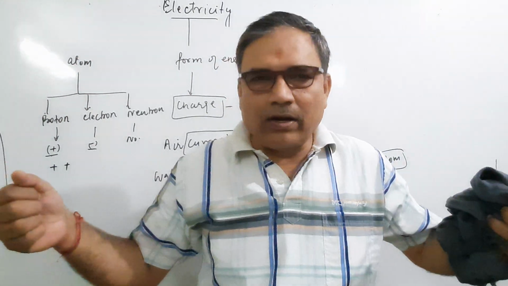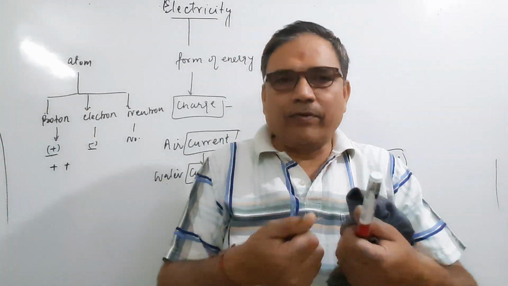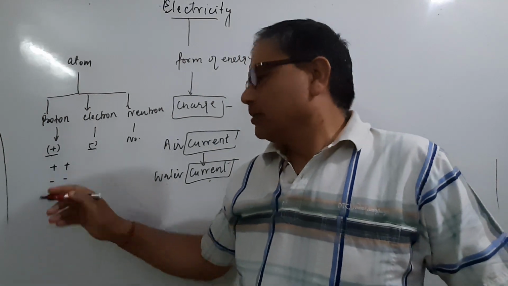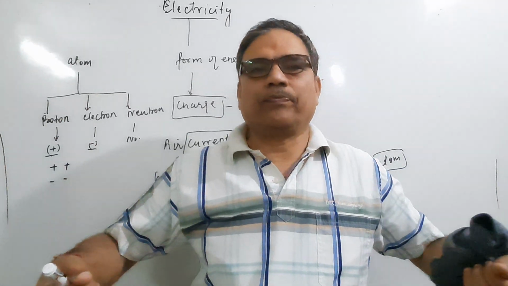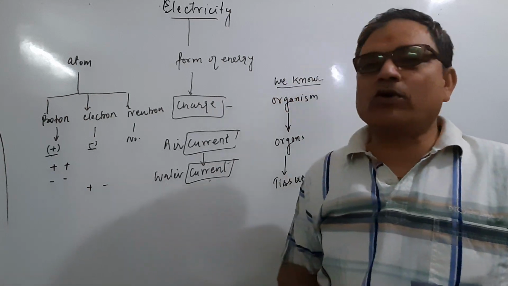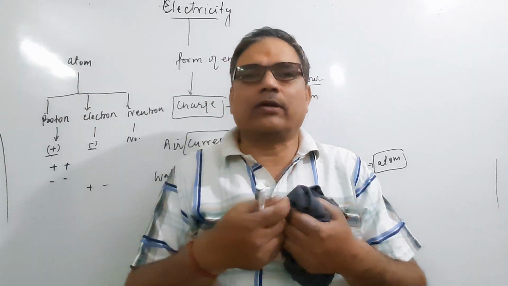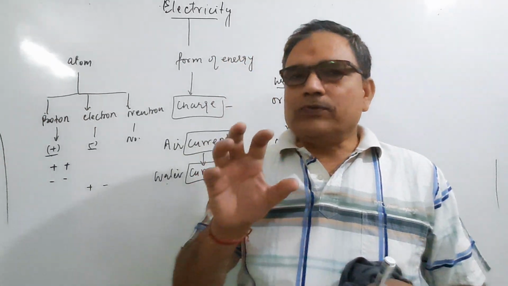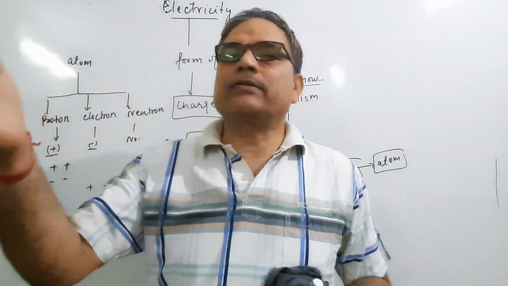Positive charges, when they come close to each other, never attract; they repel. Same for negative: like charges also repel each other. But when plus and minus come close to each other, they attract each other. The force of attraction will exist between them. And this force of attraction between charges helps to generate electricity.